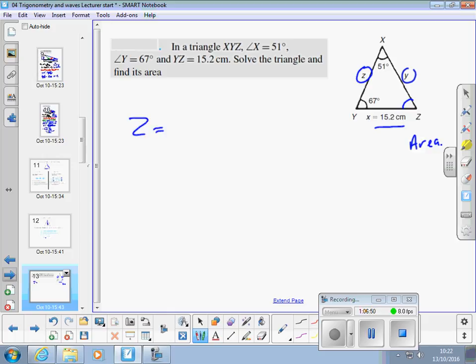Z is equal to 180 minus 51 plus 67, which equals, gents, 62. First bit solved.